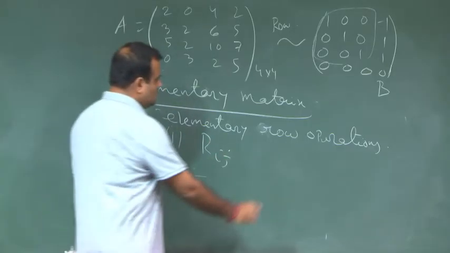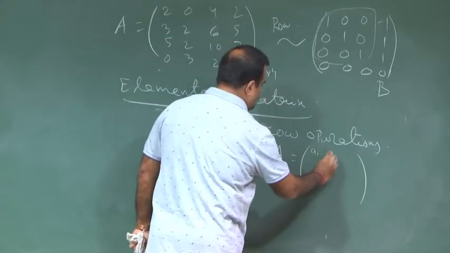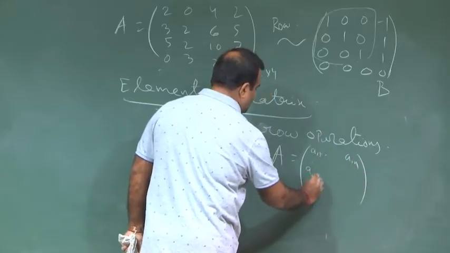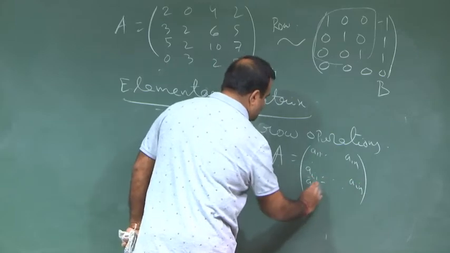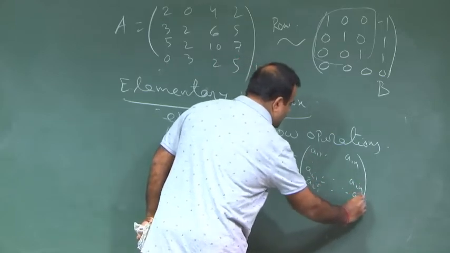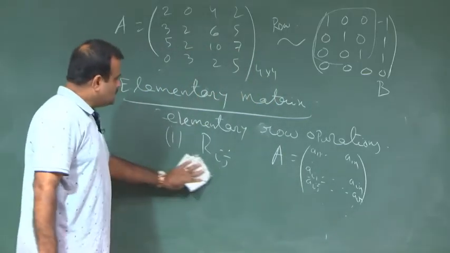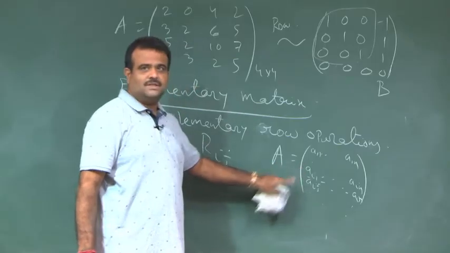We have a matrix A, with entries A11, A1n, and so on, down to AI1, AIn, and AJ1, AJn. Now, this operation means we are exchanging the ith row and jth row.